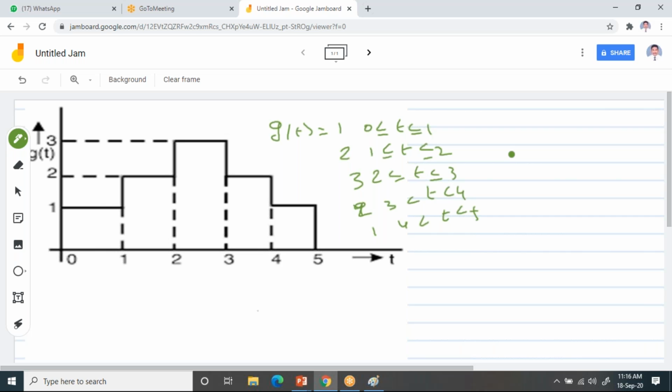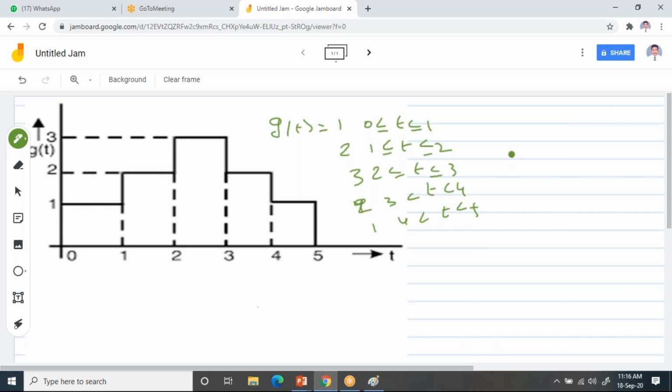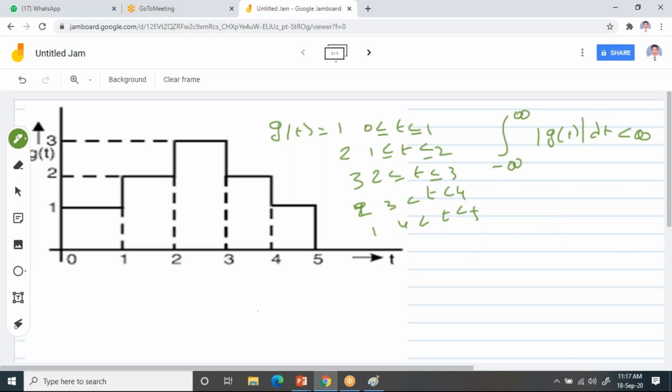If it satisfies this condition, then the given problem is convergent and the Fourier transform will exist. If you apply this, from 0 to 1 the amplitude is 1, so you will get 1. All these values will give a value less than infinity. So the problem is convergent, and hence you can directly apply the Fourier transform to this.